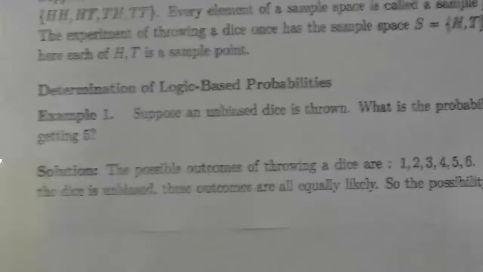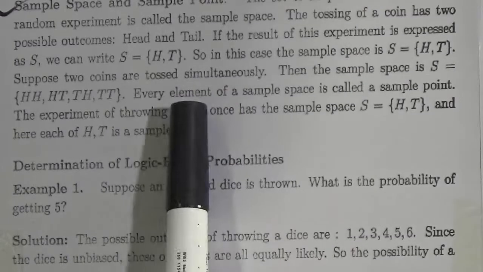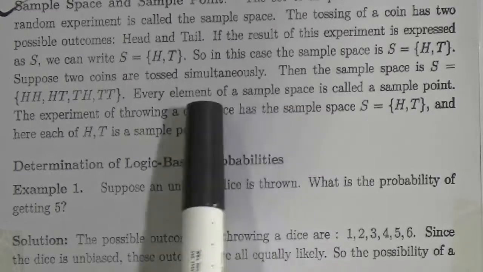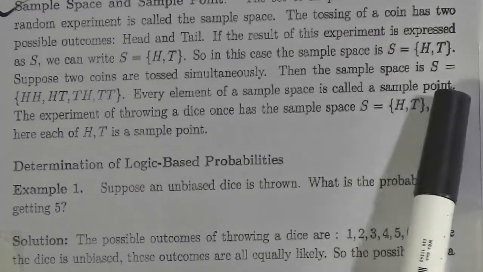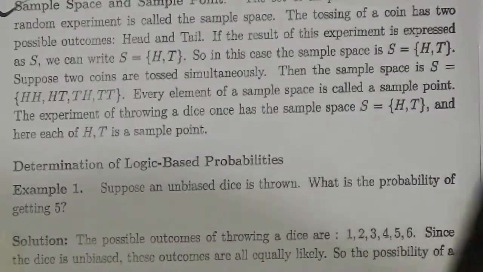Now come to the next part, sample point. Every element of a sample space is called a sample point. It means that this is a sample space, and every element here is known as a sample point.